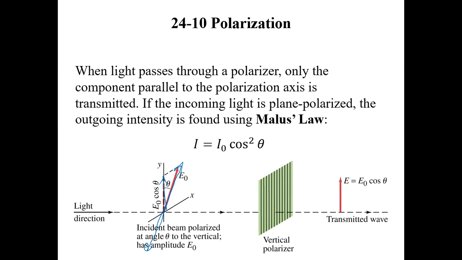So if your original light was unpolarized, then the new intensity is going to be half of what it was originally.